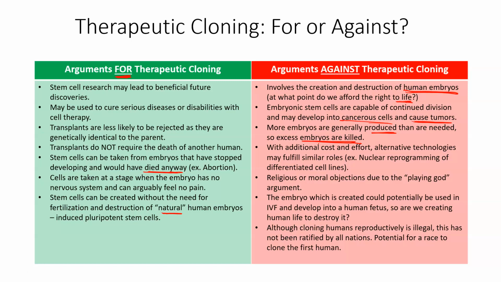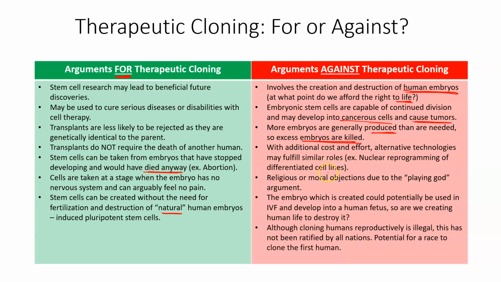With additional cost and effort, alternative technologies may fulfill similar roles. So, nuclear reprogramming of differentiated cell lines. Instead of producing an embryo to kill it, this is an alternative technology that is really trying to fulfill the same role, and it's all about reprogramming differentiated cell lines.